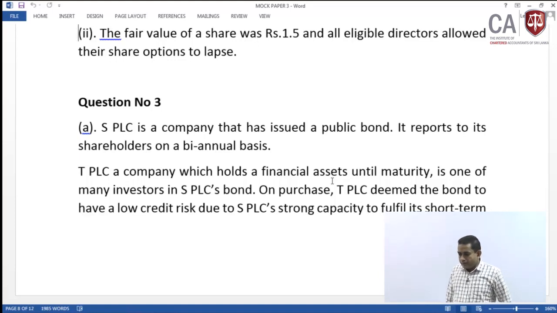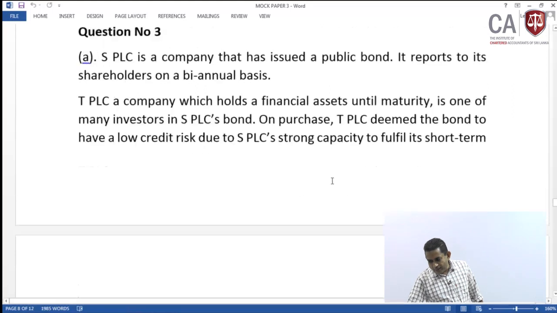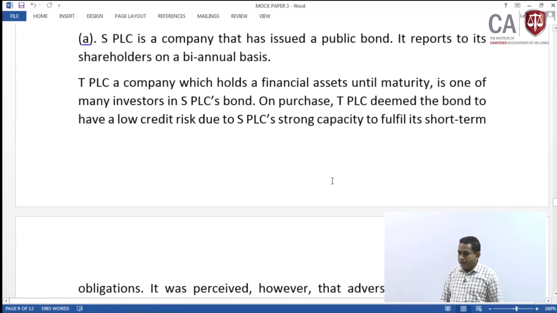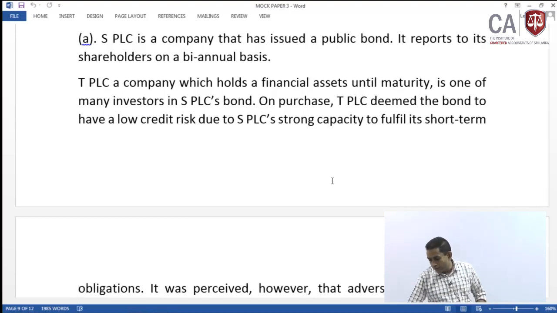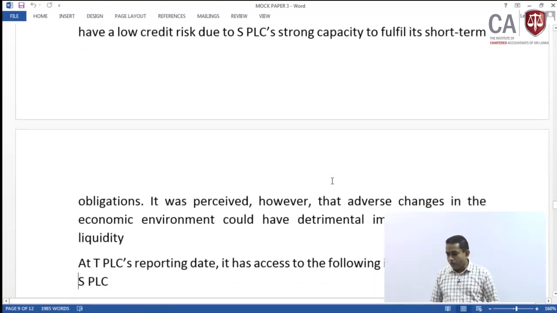It reports to its shareholders on a biannual basis. TPLC, a company which holds a financial assets until maturity, is one of many investors in SPLC's bond. On purchase, TPLC deemed the bond to have a low credit risk due to SPLC's strong capacity to fulfill its short-term obligations. It was perceived, however, that adverse changes in the economic environment could have detrimental impact on SPLC's liquidity.